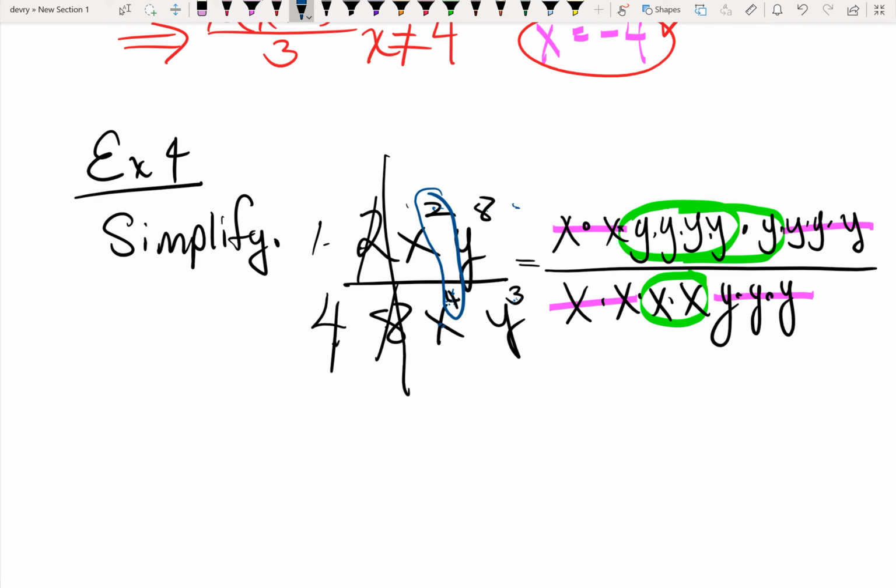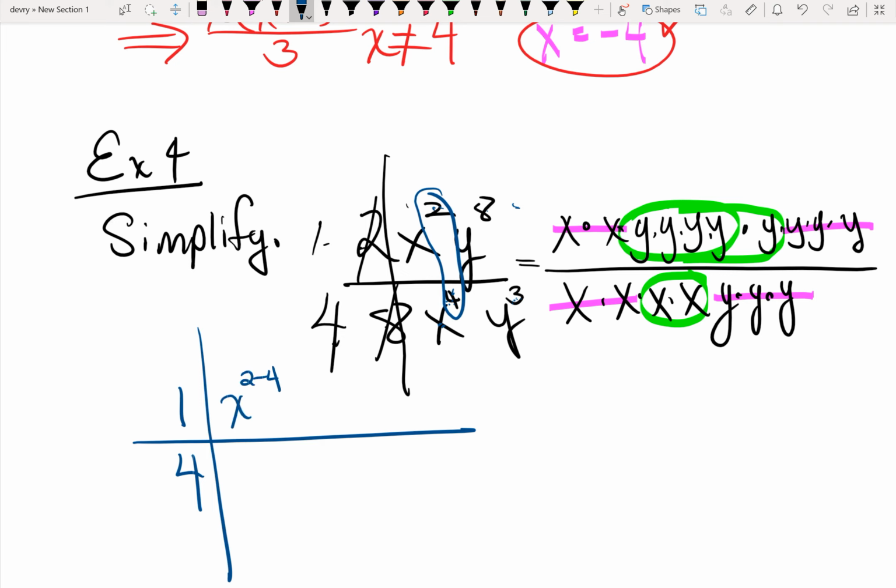You would have had, in this case, the 1 over 4, that's irrelevant. That's the coefficients, that's way easy. For this one, you would have gotten x to the 2 minus 4, and over here you would have had y to the 8 minus 3. So notice that these are all 1's now, right? Look at them separate.